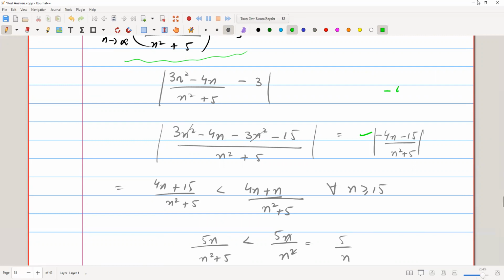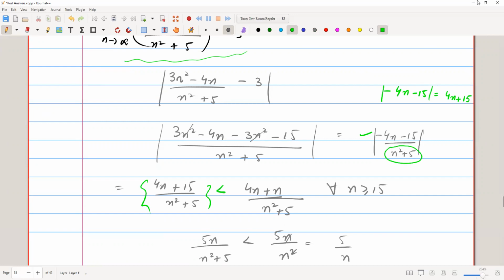Both are negative, so if we want to remove the mod, we can remove it, keeping both of them positive. And n squared plus 5 is already positive, so no worries with this element here.